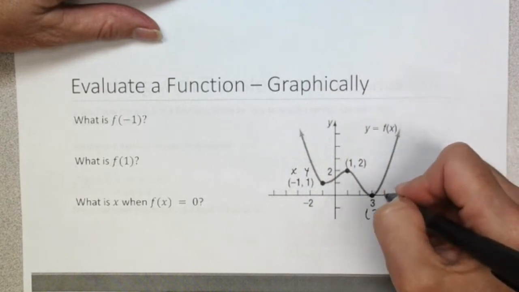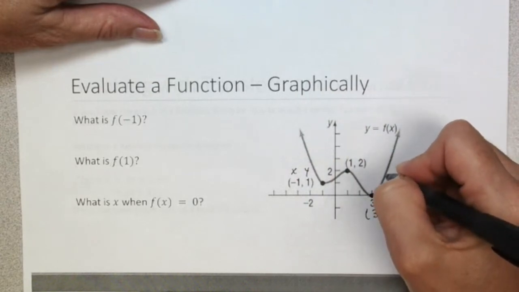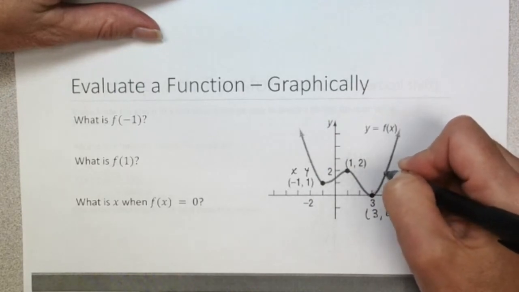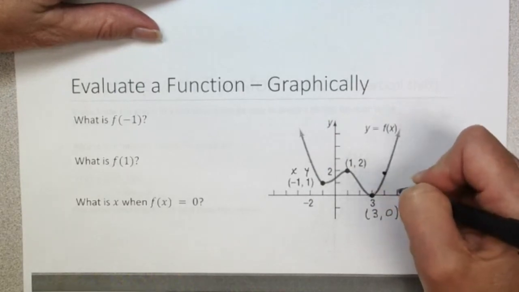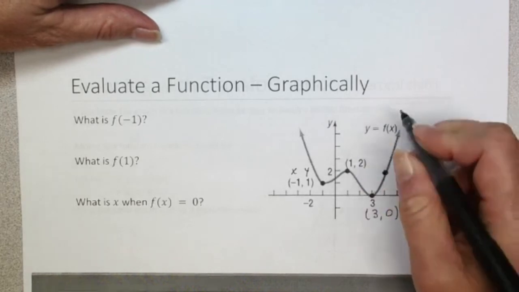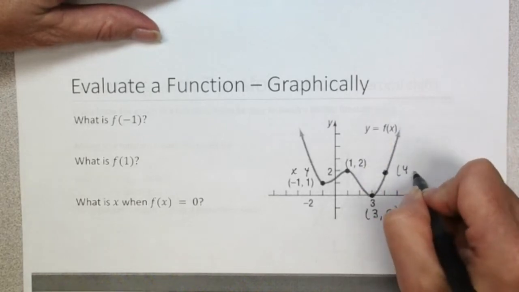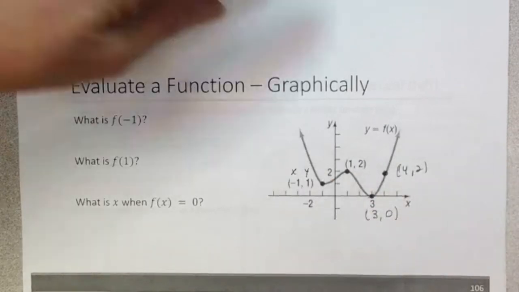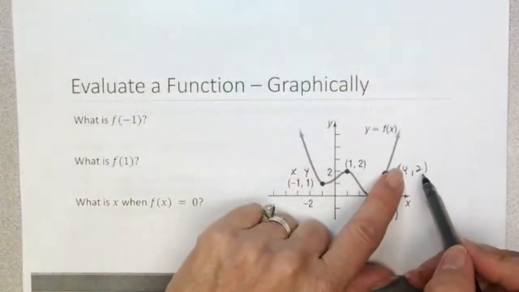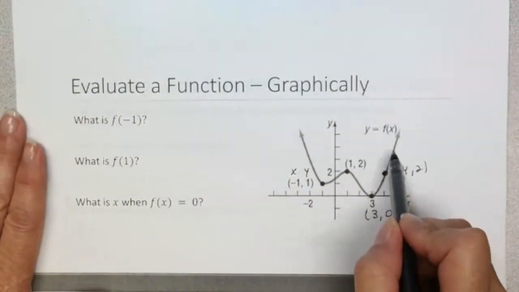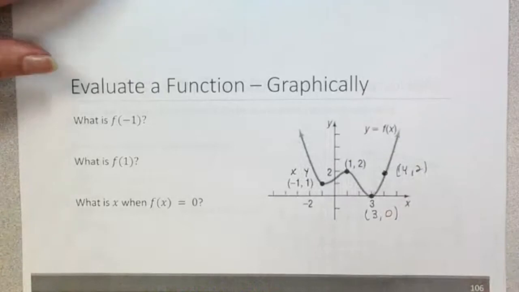Let's see, it's hard to find whole numbers, but maybe, I don't know, if I add that point there, I don't know if that's exactly right, but that might have the coordinates 4, 2. Of course, I can find, given any x, the y that it corresponds to just by identifying the x and y coordinates of any points on this graph.